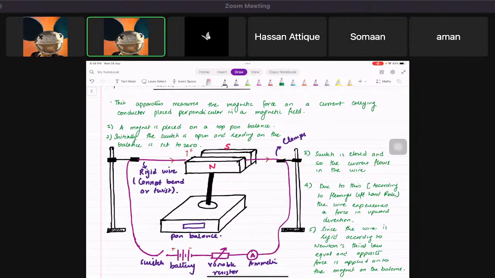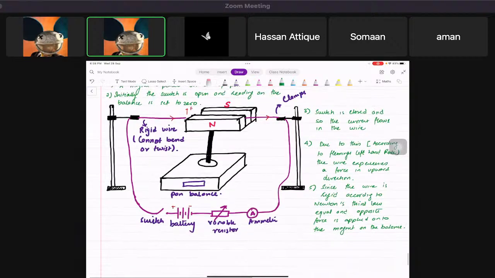So this would mean the balance will now show the value of the force on it that is basically experienced by the wire and the magnet, because according to Newton's third law, the action and reaction forces are same in magnitude. Do you guys understand this?